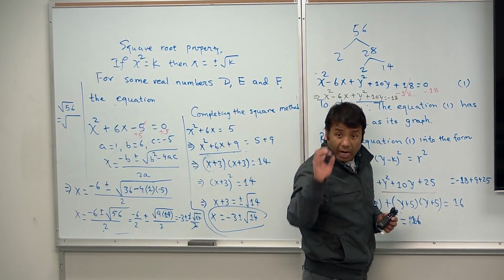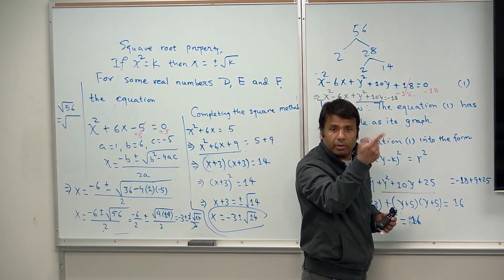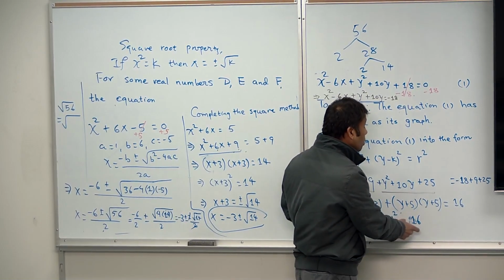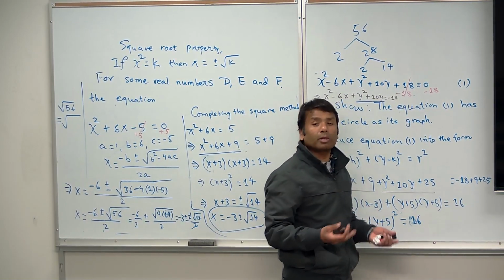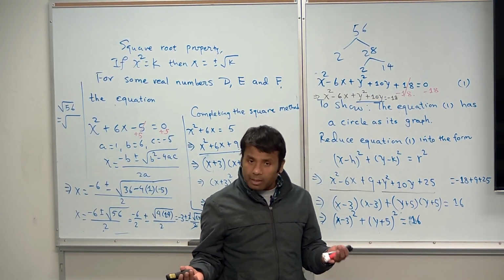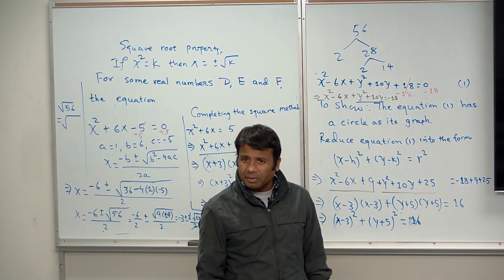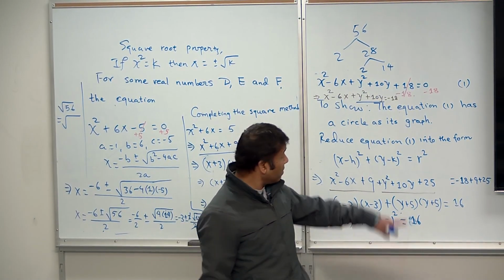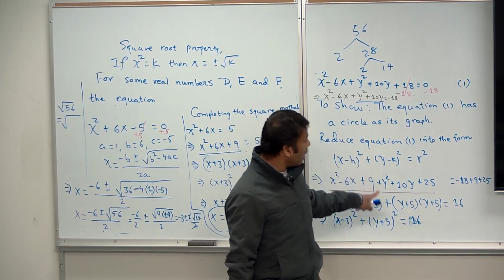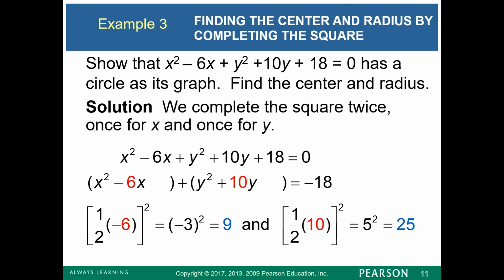Because radius is 0. And if you get something negative here, that means the graph of the equation is non-existent. Did you get it? But in this particular example, what did I get? 16, is that right? Okay, we got it.